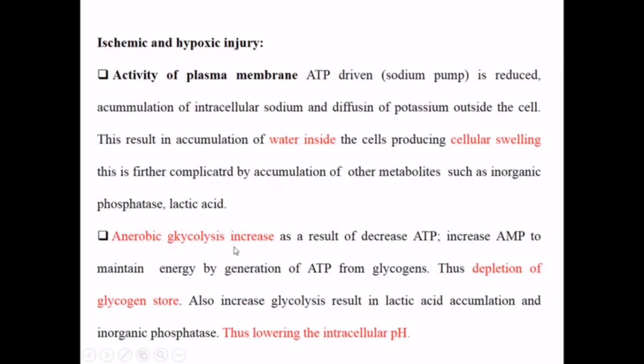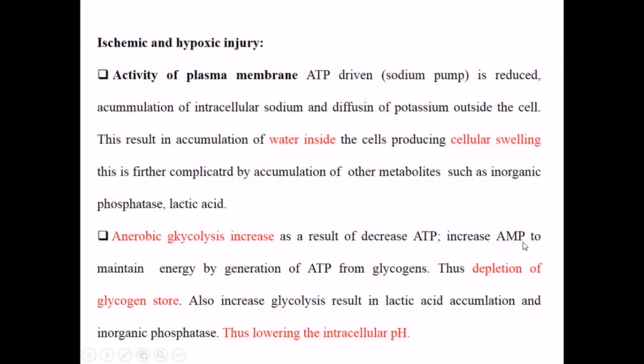Second, anaerobic glycolysis increases. This is the result of decreased ATP. So there is no ATP or it is decreased, and we need another source of ATP. This comes from glycolysis.